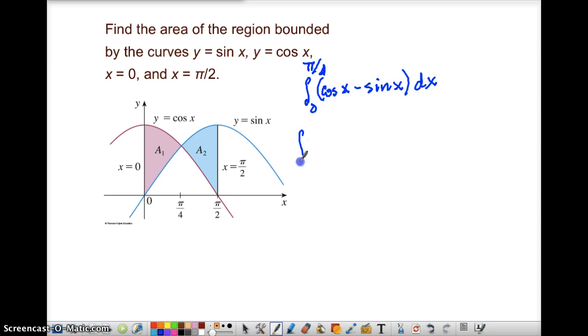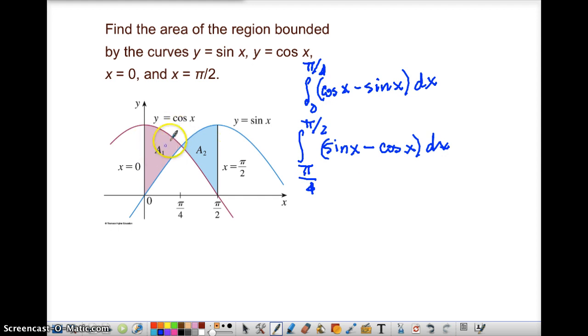And for the rest, I'm going between pi over 4 and pi over 2, and I'm going to do sine of x minus cosine of x dx. So this is going to give me the pink region, this is the blue region, and then I'm just going to add them together.